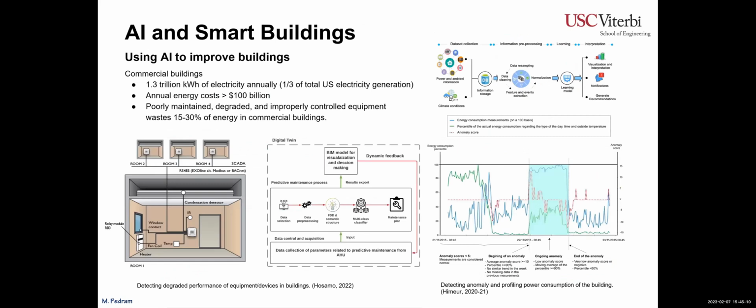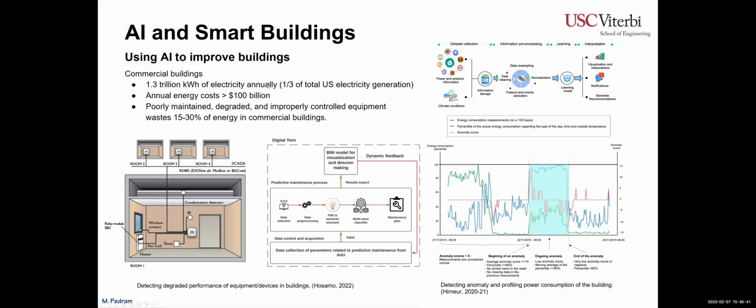So these are a few examples of AI currently being used. I will not spend a lot of time on any one of them. I just picked a sample representative of the different ways in which AI has been used to improve energy efficiency. This is a paper published by Haymore and also one from Osamo, 2021-2022, that describe how they have used AI to improve the energy efficiency in buildings.